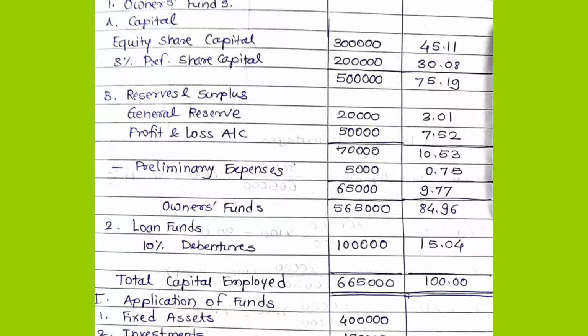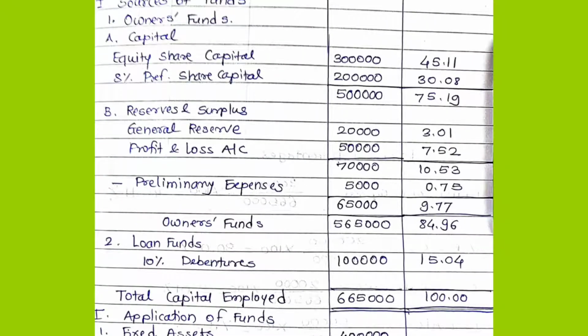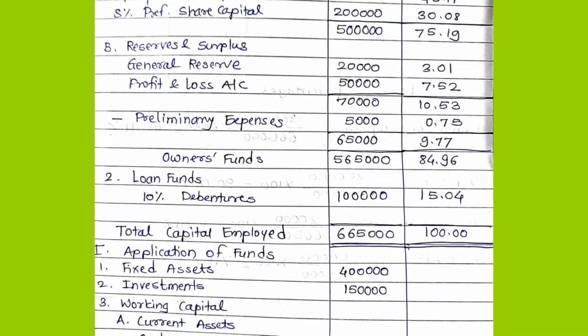So there are fewer loan funds, 15.04% only, and owner funds are more here in this capital structure. So there is long term solvency here. See, if loan funds are more, the long term solvency cannot be maintained, because your funds are engaged in the repayment of installments of the loan and interest. So if owner funds are more, you can take more capital expenditure decisions.